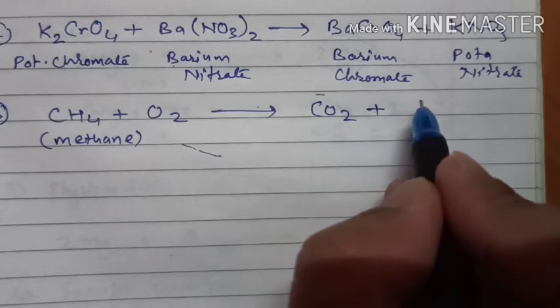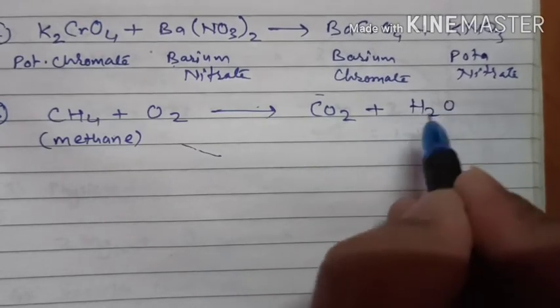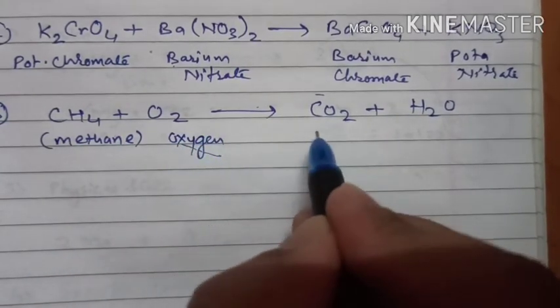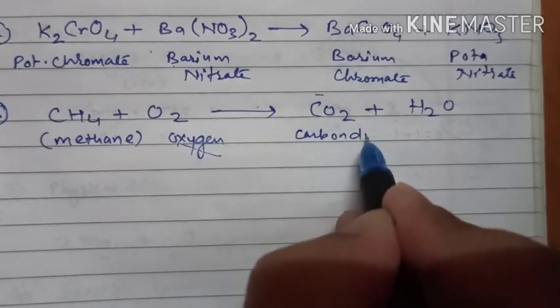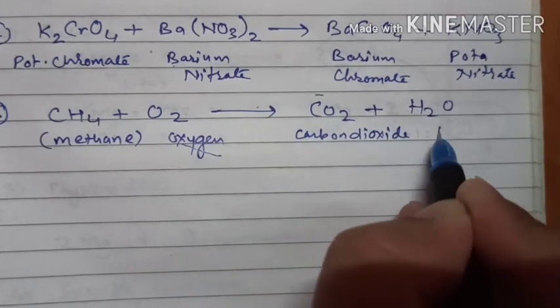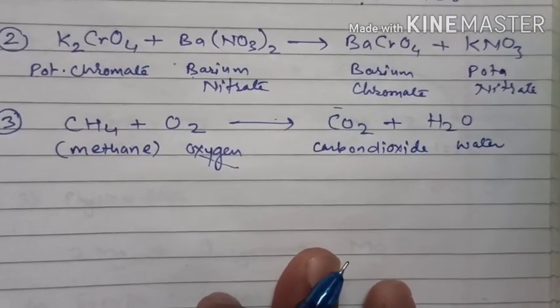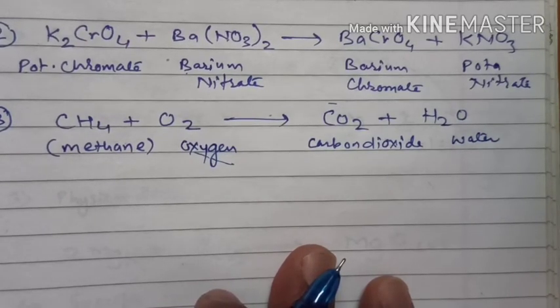It gives rise to CO2 plus H2O. This is oxygen, this is carbon dioxide, and water. You have to balance these two equations and post them personally on my mobile number in the WhatsApp group.